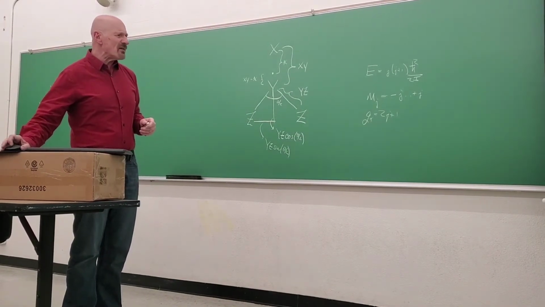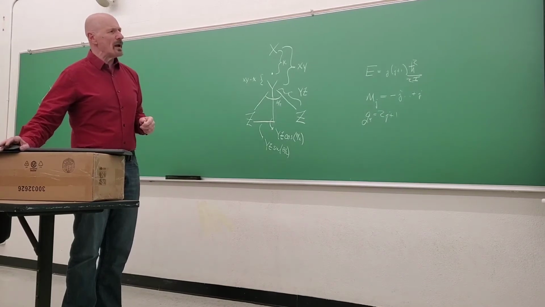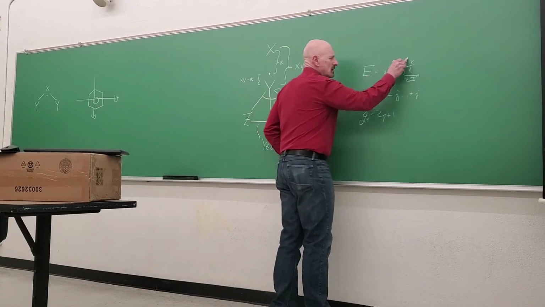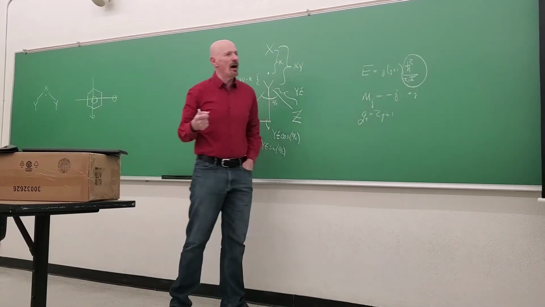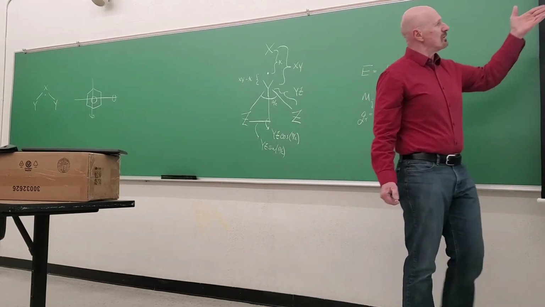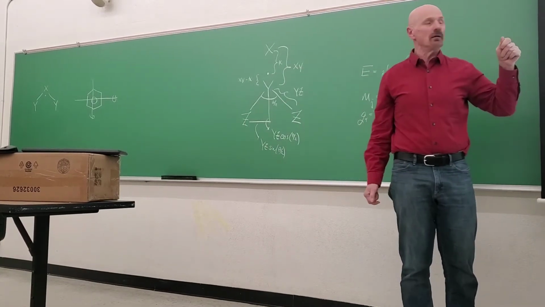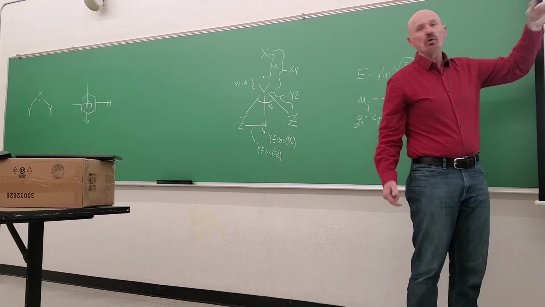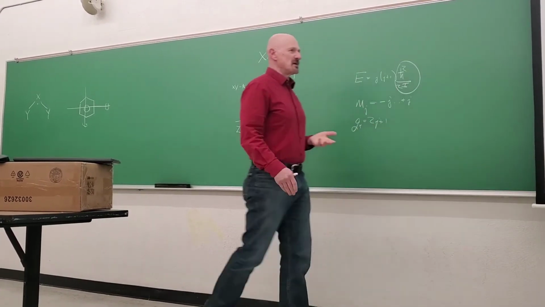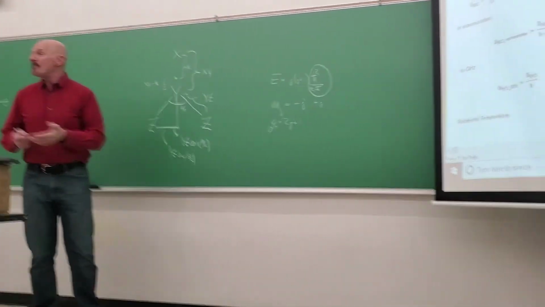If you look these things up, this constant h bar squared over 2I is in joules, as it naturally would be. This is the one for HCl. I just produce a value for h bar squared over 2I. It comes out to be 2.12 times 10 to the minus 22nd joules.